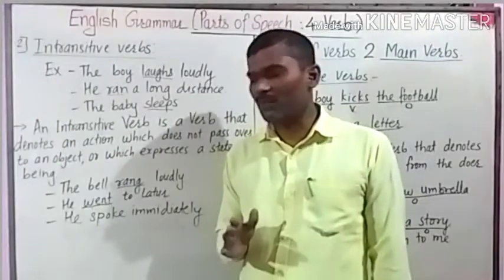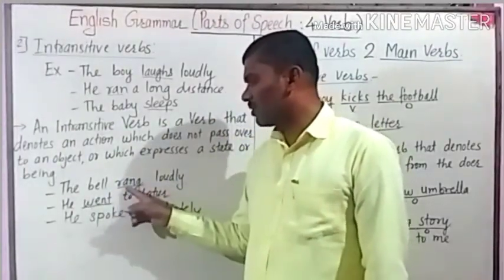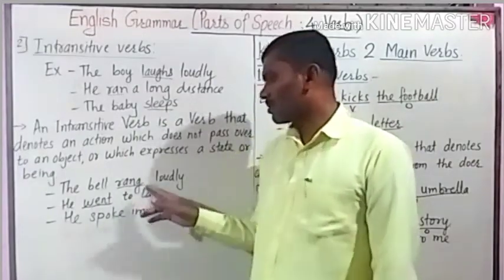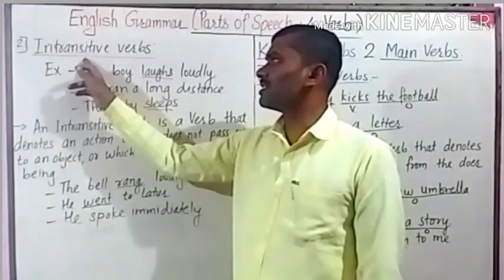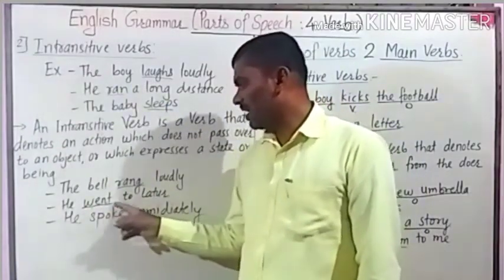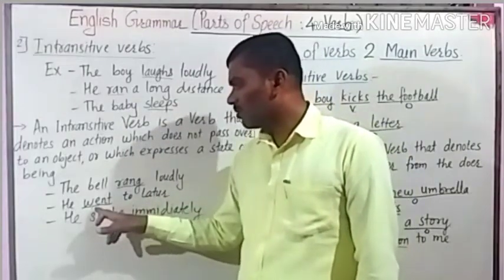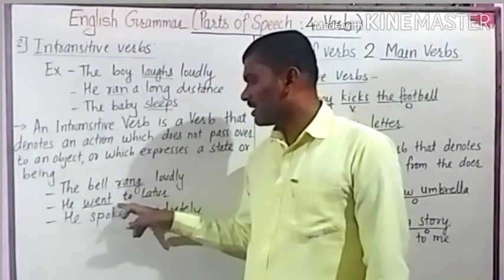Let's see the examples. The bell rang loudly. In this sentence, the verb rang doesn't need an object to complete the sentence. So this verb is an intransitive verb. He went to Latur. In this sentence, the verb went is intransitive because there is no object.